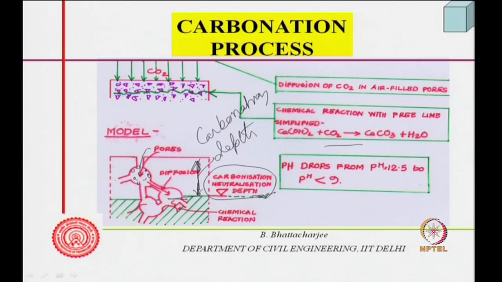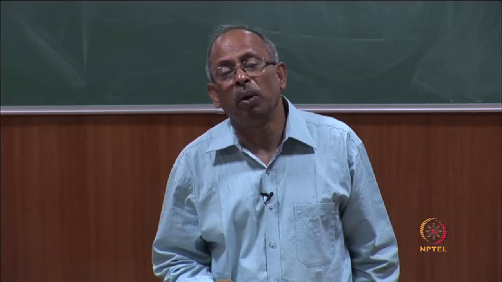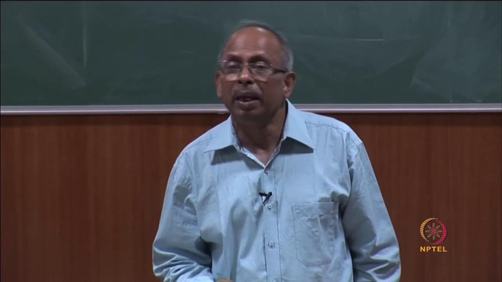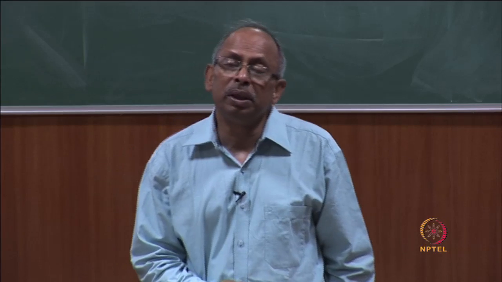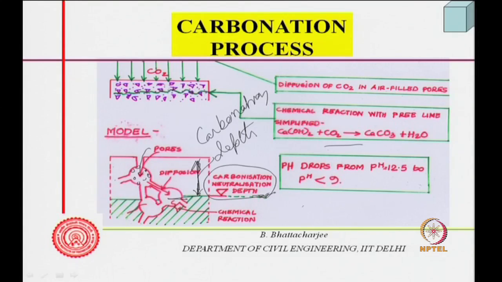Now, if you remember, when we talked of carbonation shrinkage, around 55% relative humidity carbonation shrinkage was maximum. In other words, carbonation is maximum at, let us say, 50 to 60% RH.